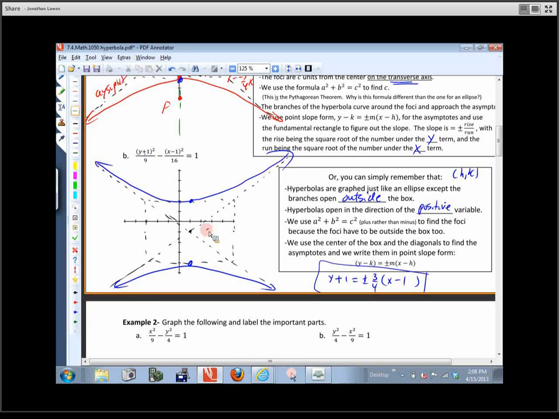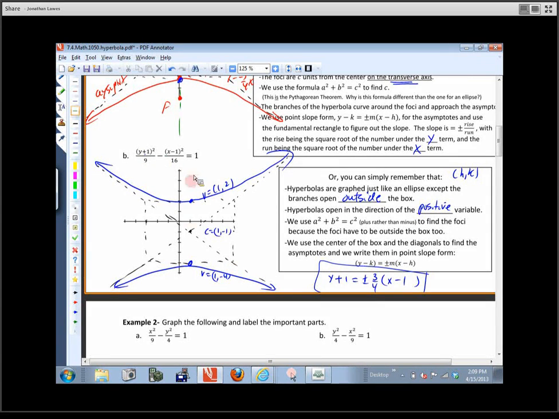Now, can I go through here and label the center as 1, -1? Could I label the vertex right here? That vertex would be 1, 2, and this vertex would be 1, -4. And then I need to know where the foci are. Add the two of these together, take the square root.